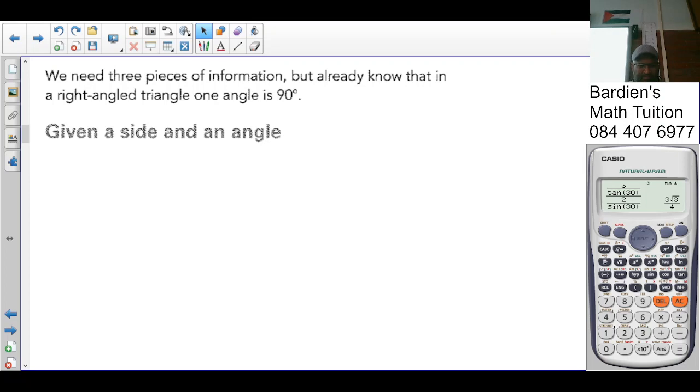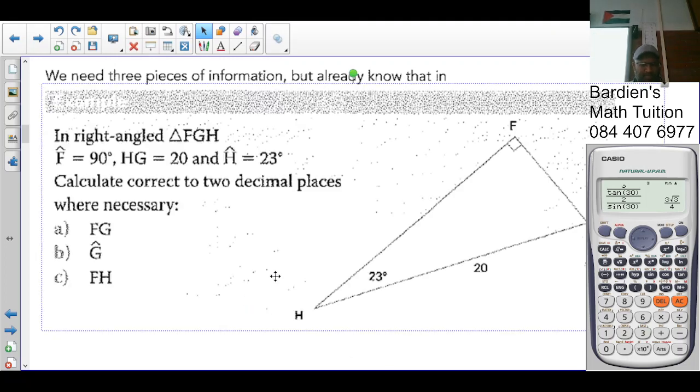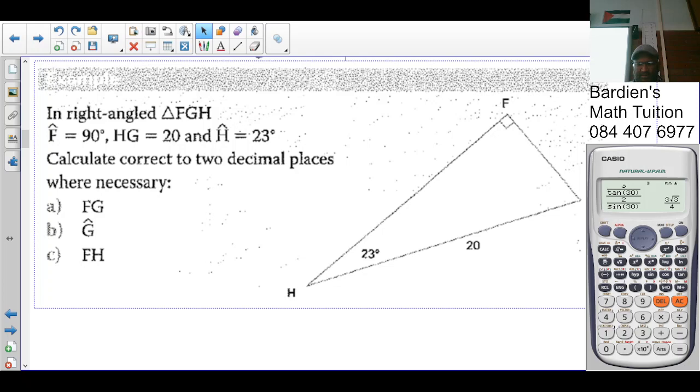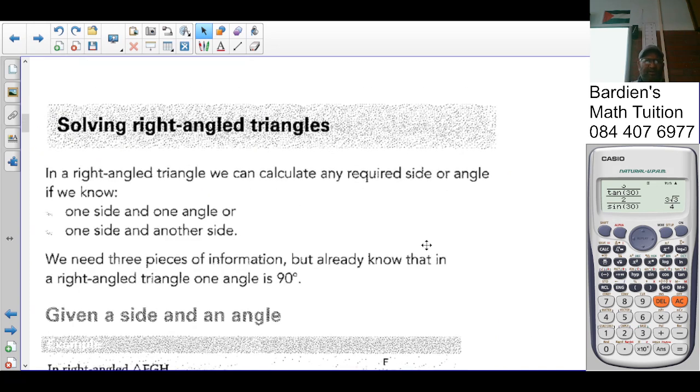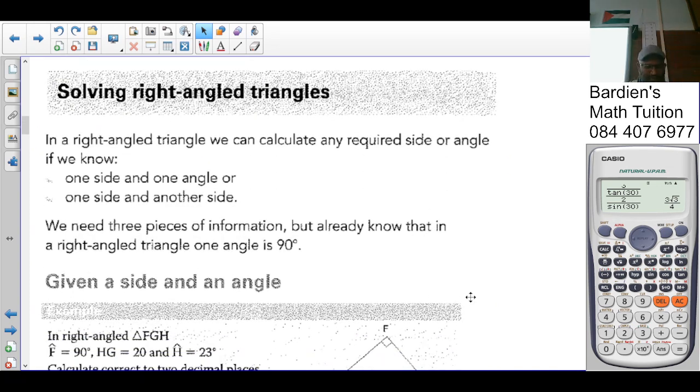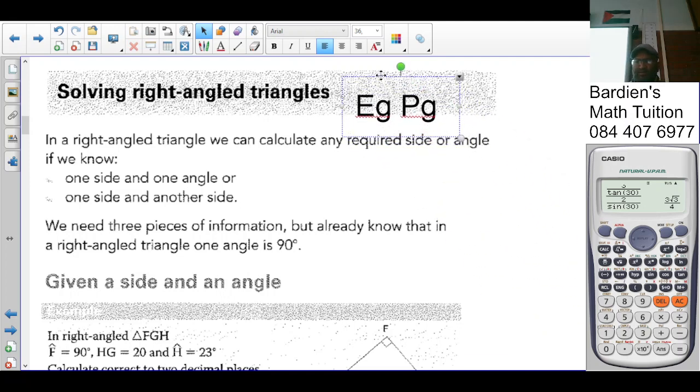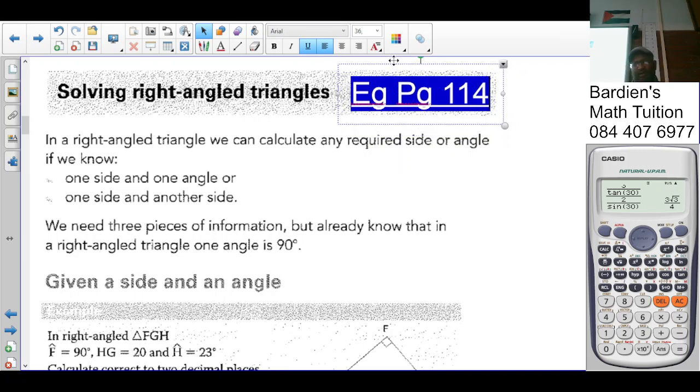This is an example on page 114. So you're looking at the example on page 114.